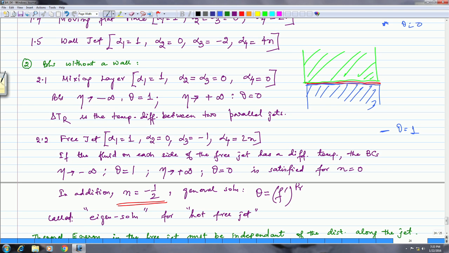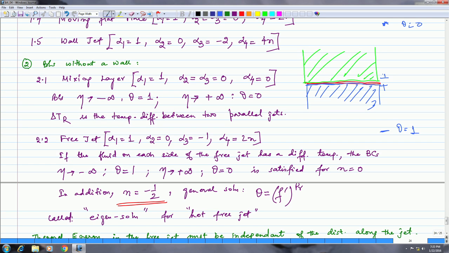Since there is no solid wall, this here is the parallel jet, where there is a certain temperature difference.